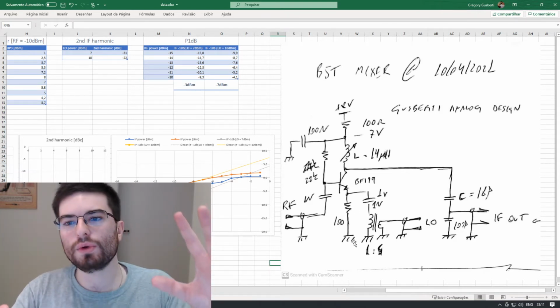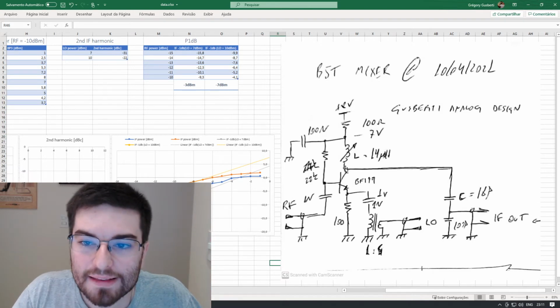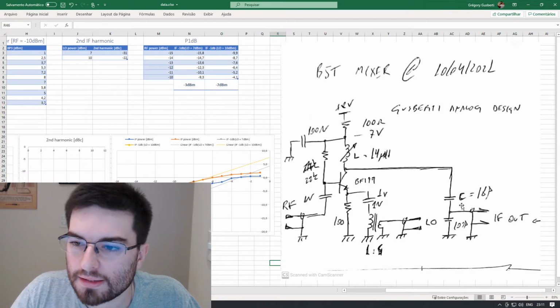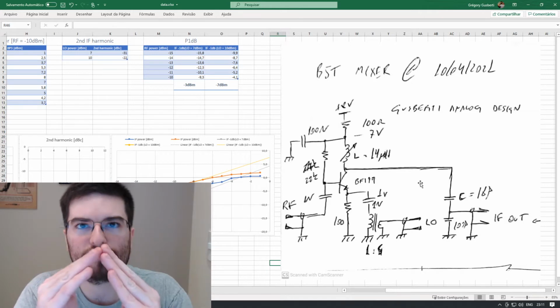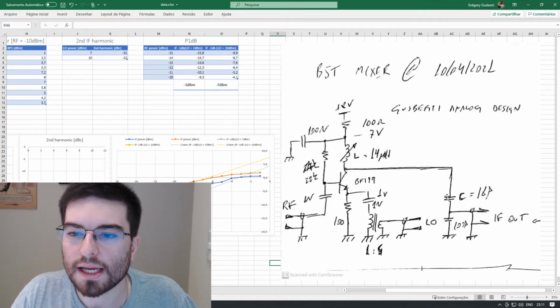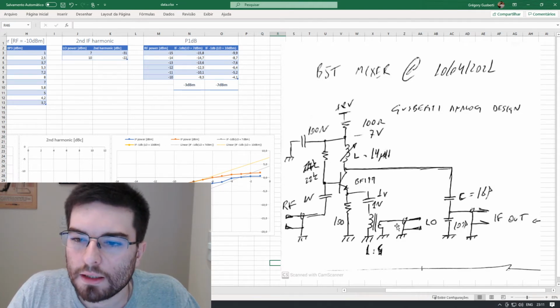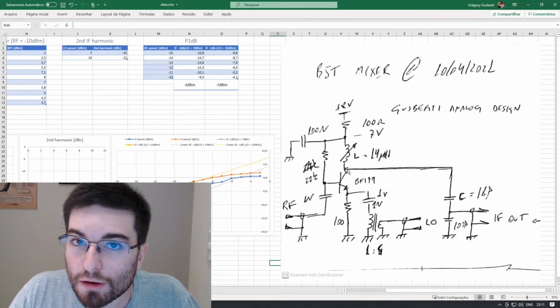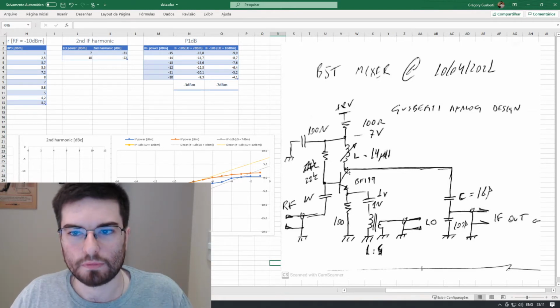So first thing we see is that at the output here in the collector, we are using this choke and these two capacitors to make a resonant tank at the IF frequency. So we're gonna have a higher gain only around the IF. We can see that we're gonna have here in the collector a lot of terms.